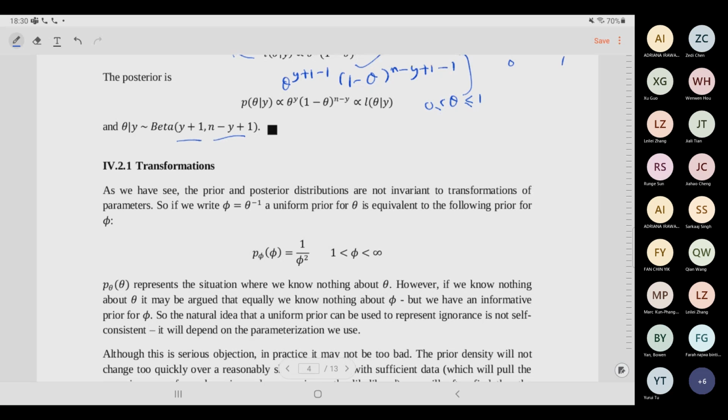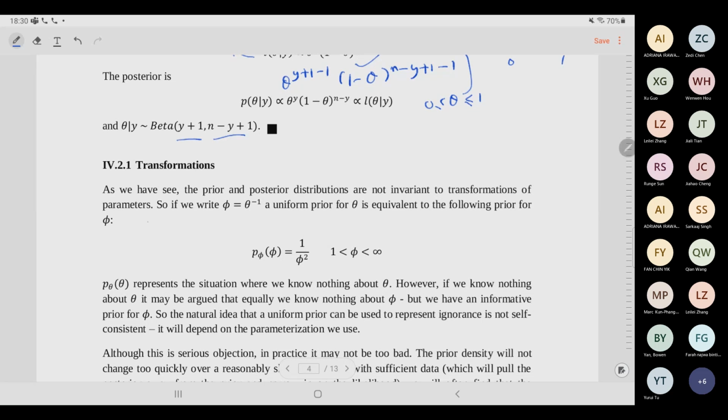So if we have, for example, theta with a uniform (0, 1) prior, meaning your p(theta) is 1 for theta between 0 and 1.